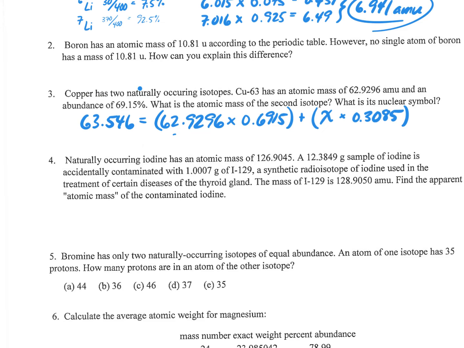Okay, so again, where did I find this number? I went to the periodic table and I found the weighted average for the atomic mass of copper. Okay, all I'm going to do now is solve for X. So I'll do that in a couple steps so you can see what I did.